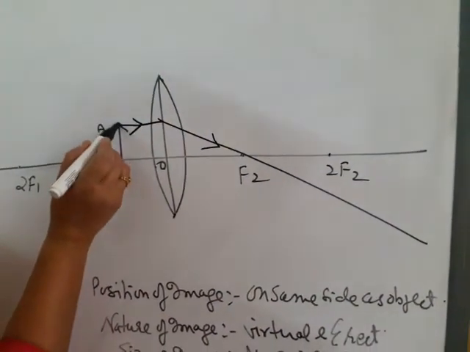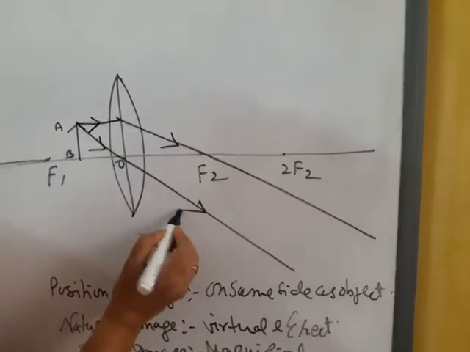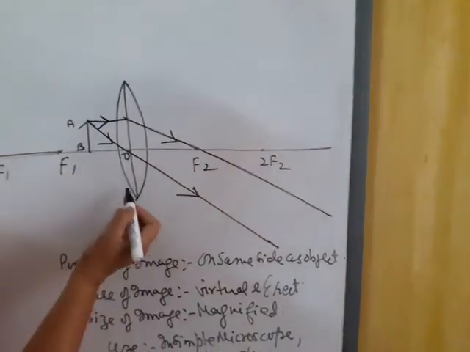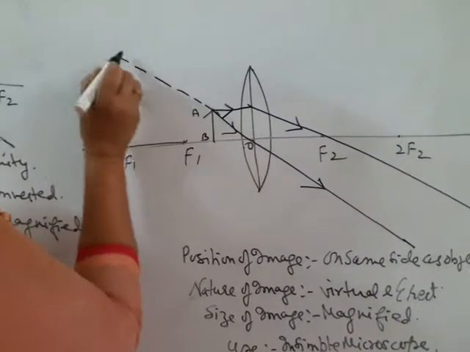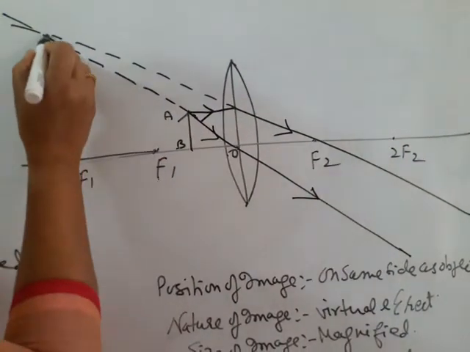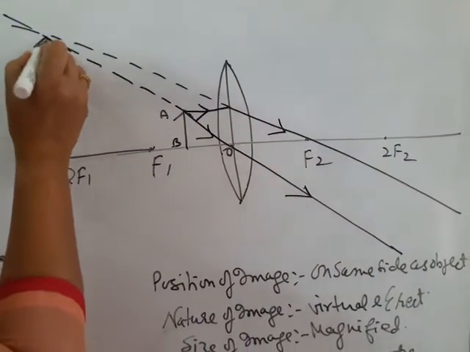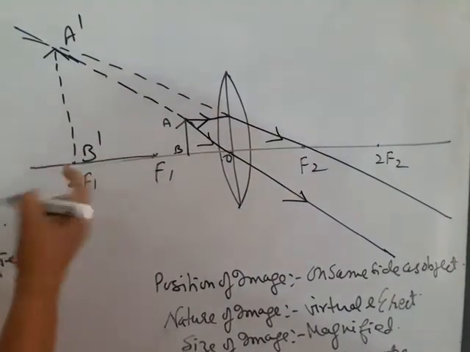Second ray passing through optical center goes straight without deviation, and if we proceed them backward, you know that they will meet at one point, and that point is where virtual image is formed.